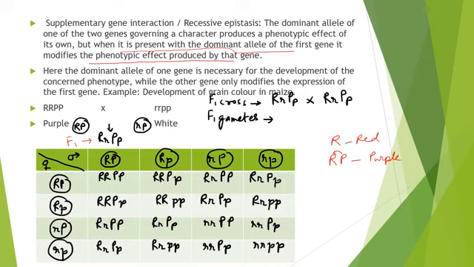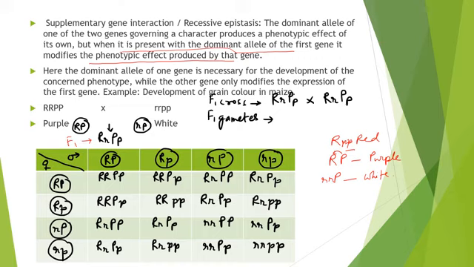But if only capital P is there, is there any expression for P? There is no expression for P. So as a result, this will be white. So that means wherever capital R only is there with small p, then it will be red.